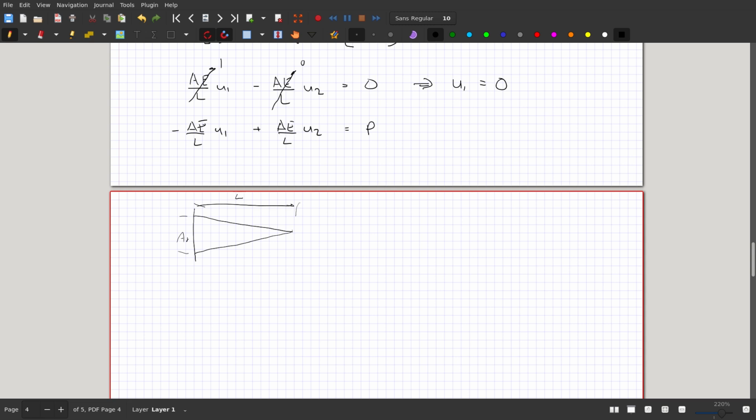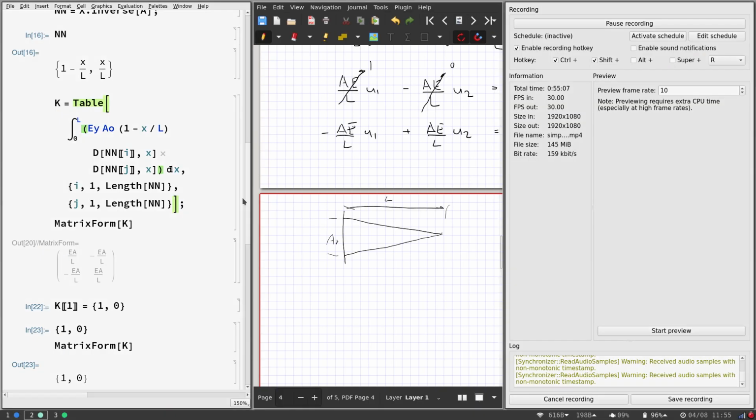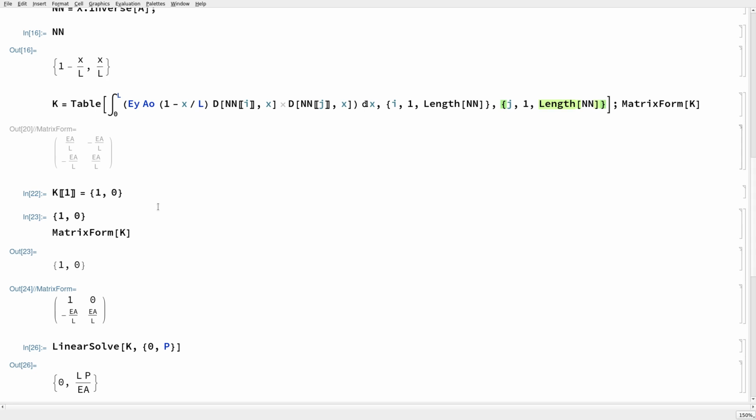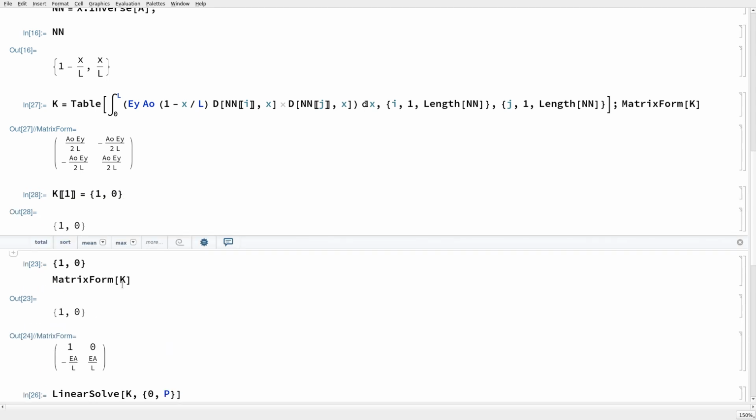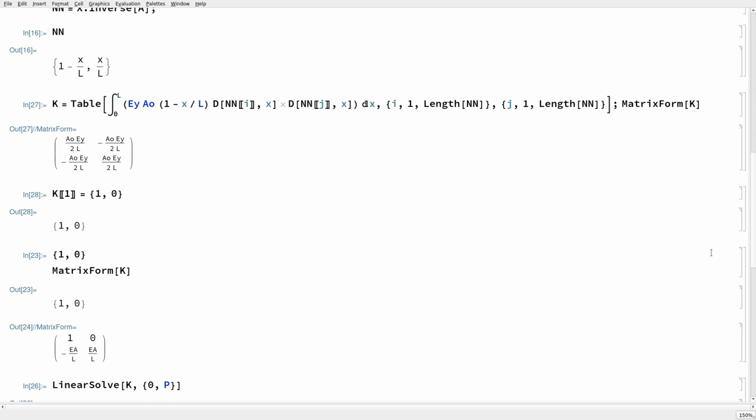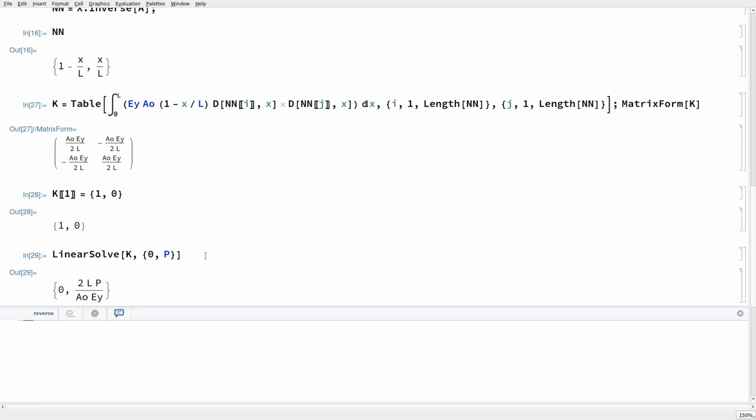So given that setup, going back over here, then I just have to reevaluate the integral. Okay. Apply my boundary condition. Solve the problem. And you know, the other thing is, this is U, right?